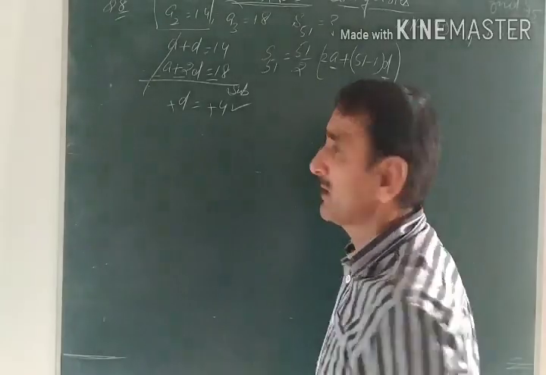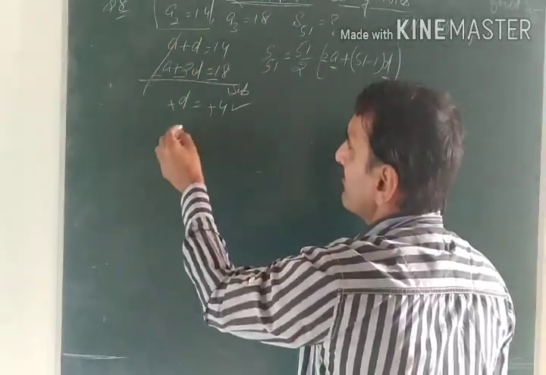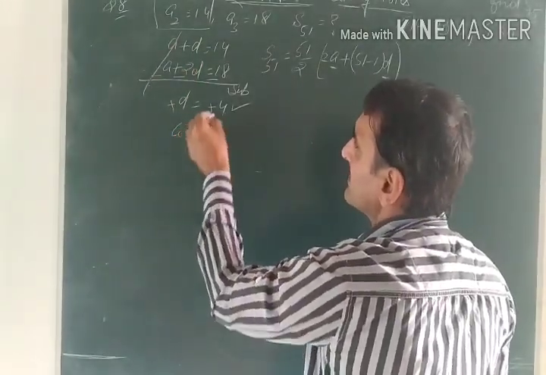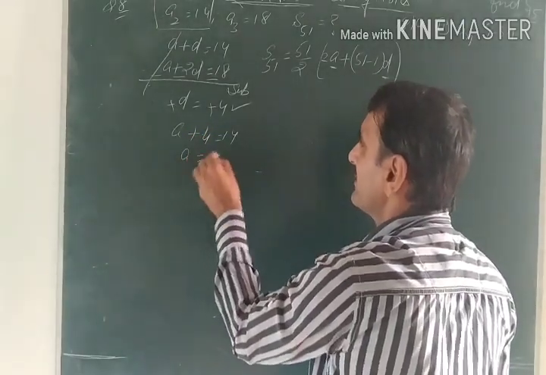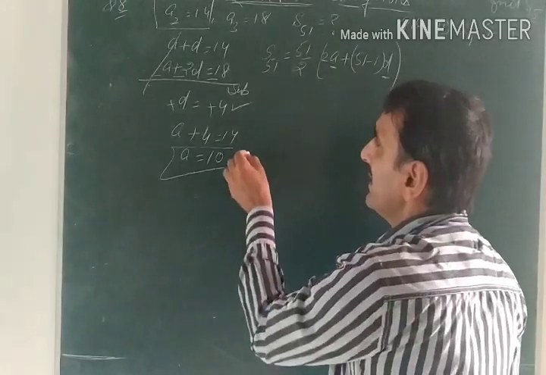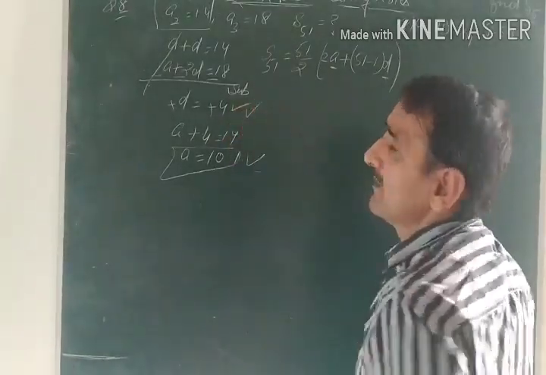After using this value in equation number 1, we get a + 4 = 14, so the value of a is 10. a is 10 and d is 4.